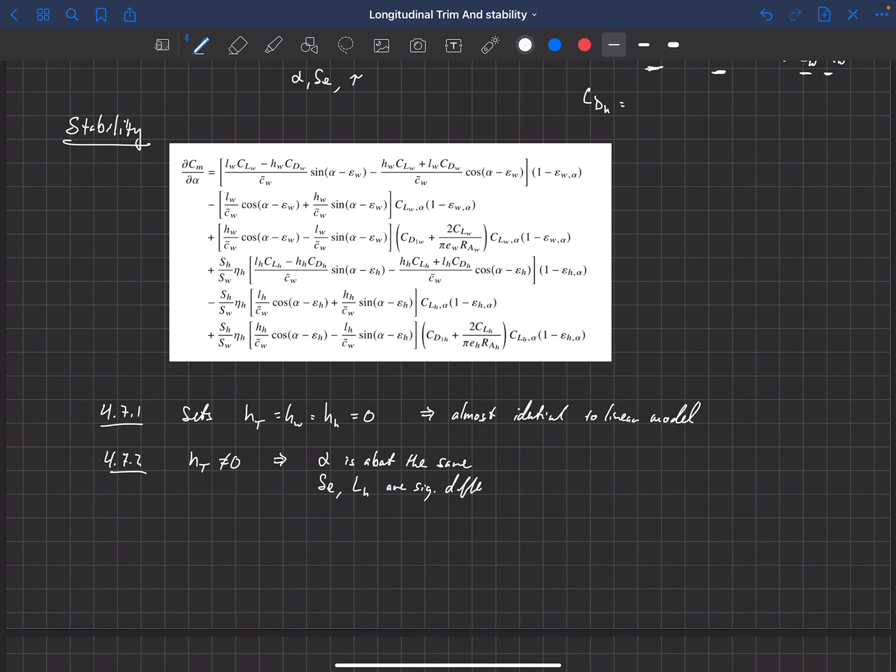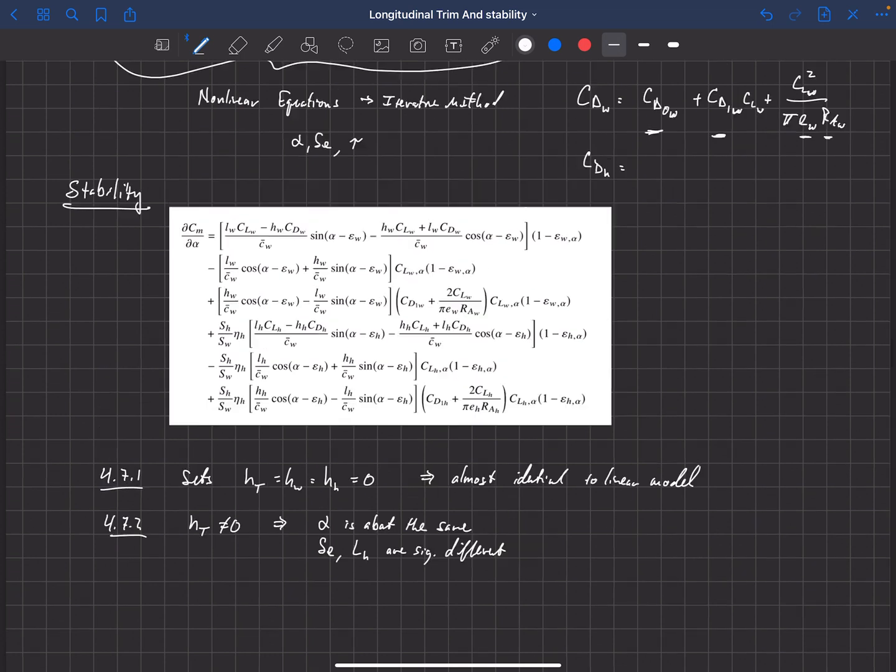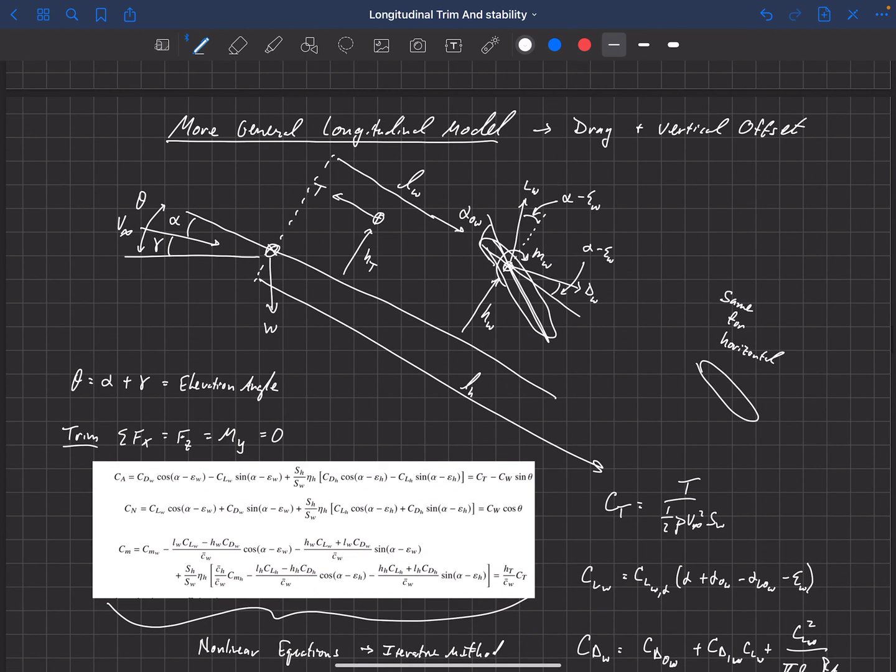And that makes a lot of sense because we can come back up here and visualize what's happening. Basically he's saying that the main wing and the horizontal all lie on the fuselage reference line with the center of gravity, and we just have the thrust offset. Well, what that means, in order to trim the aircraft, because the thrust has to be equal to the drag, is that the thrust has a vertical offset, and so creates a nose down pitching moment, at least if the thrust is offset in the positive direction there.